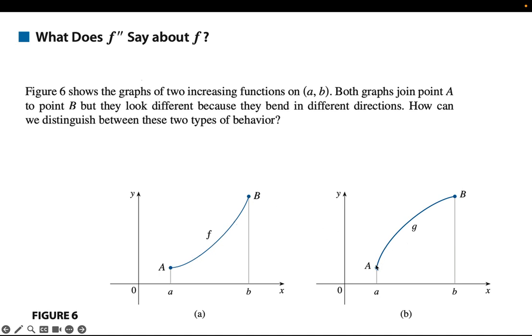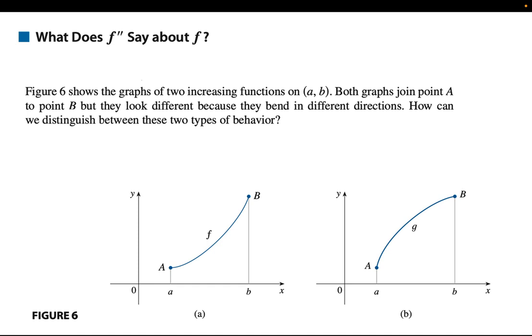Here, f prime is also always positive. Look at the tangent line; it always has positive slope, so the function is also increasing. So we can't distinguish between these two cases. All we can say from f prime is that the function is increasing.